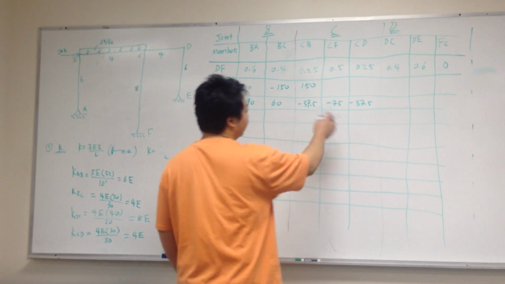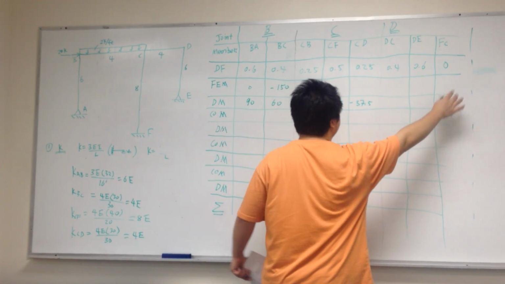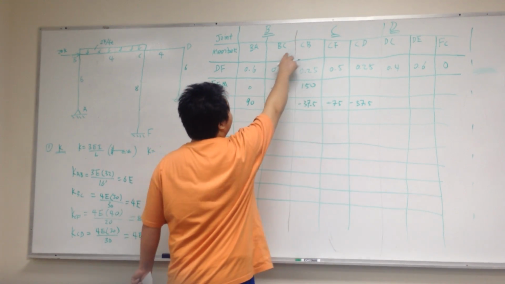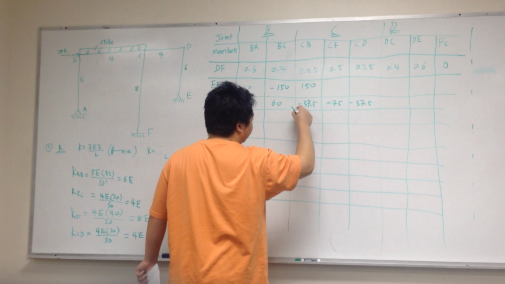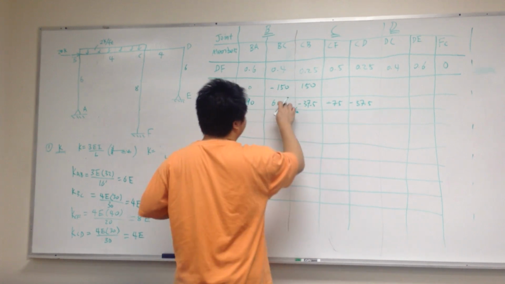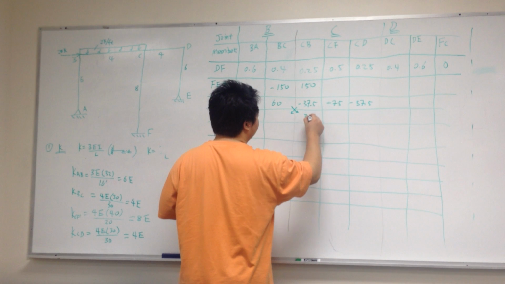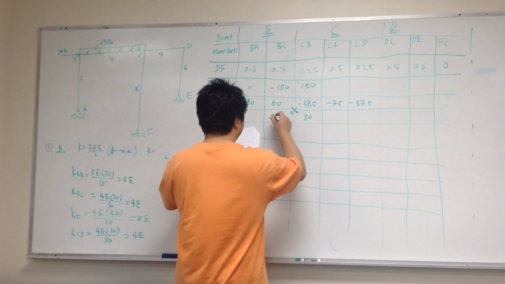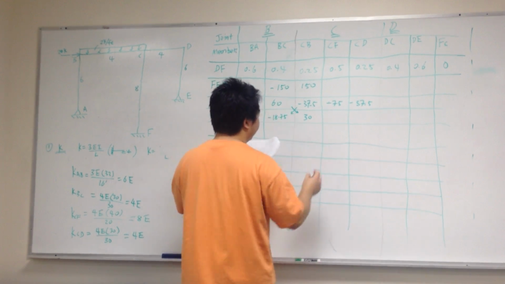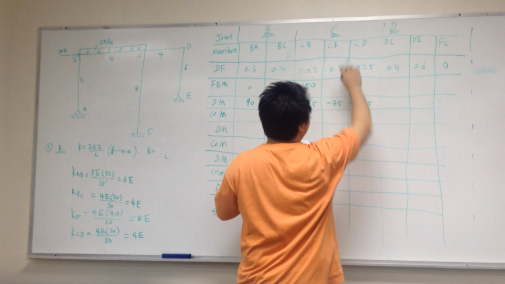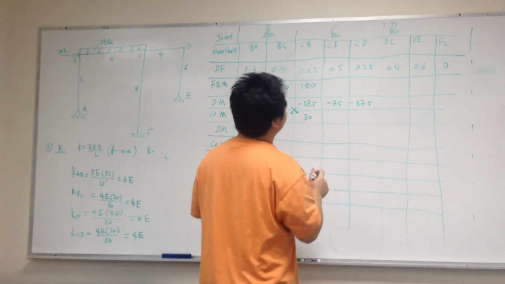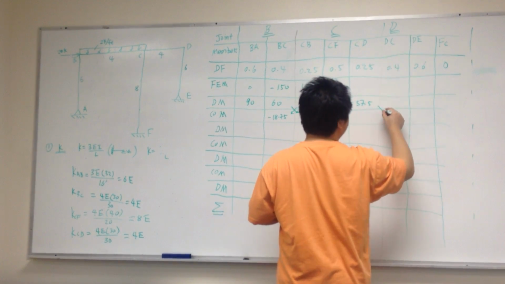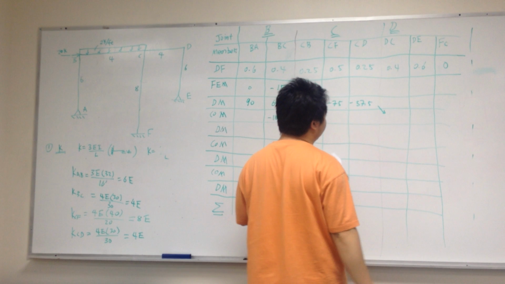And now that's it. You have no more fixed end moment. So now carry over. BC, CB. This to here divided by 2, so you have 30 here to here divided by 2. You're going to have negative 18.75. CD, DC: this to this, here to here nothing, so you don't have to do it.